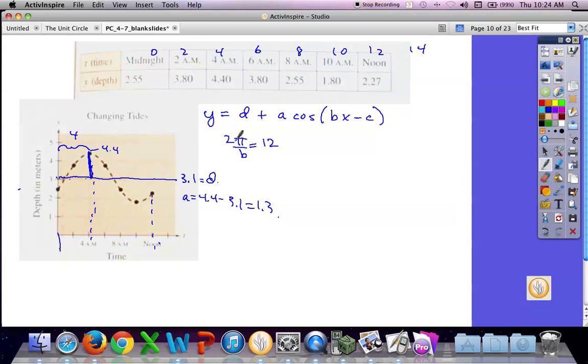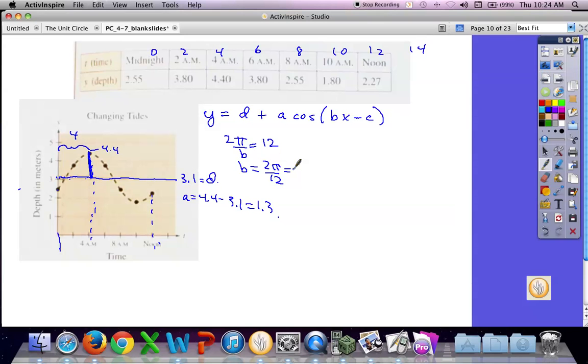So solve for b. b equals 12 over 2 pi. Did I get that right? No, 2 pi over 12. That's a mistake. They did the calculation here, so I'm just going to use that.